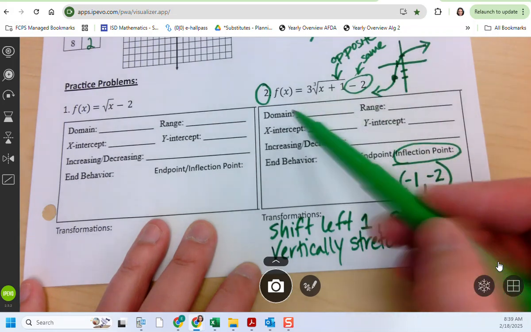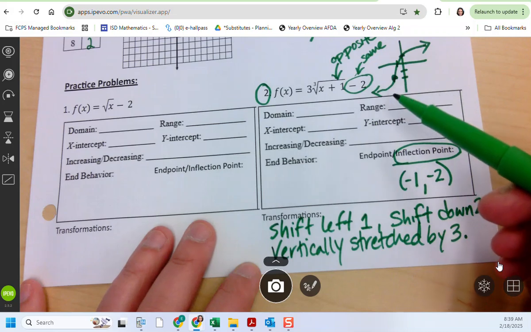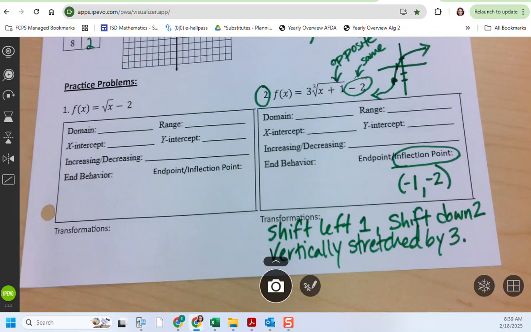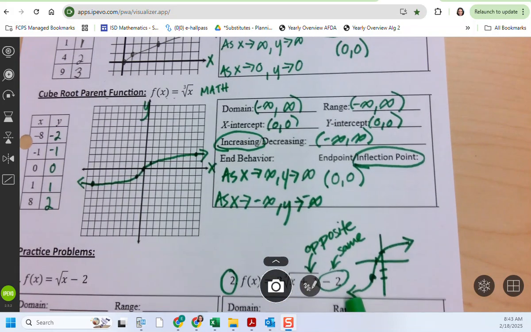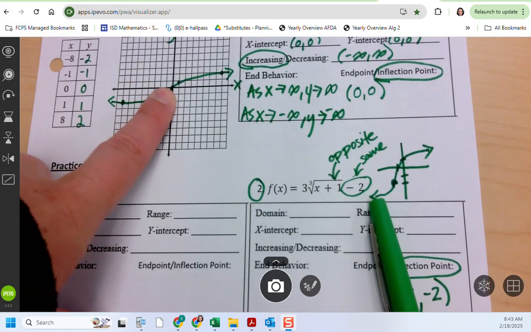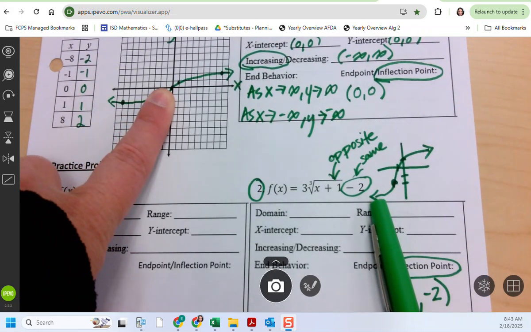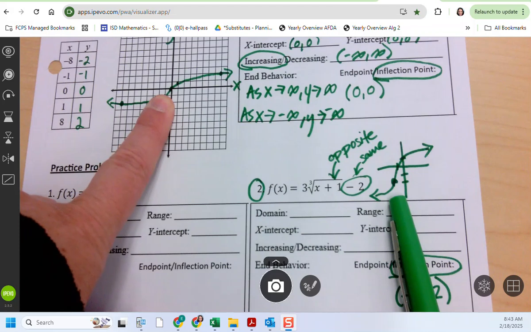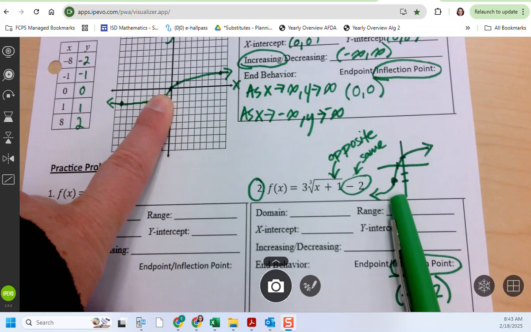Take a moment to try to fill in domain, range, intercepts, increasing and decreasing, and end behavior. What did you notice about the domain and range of this function versus the domain and range of the original cube root function? What's different about them? Nothing, right?